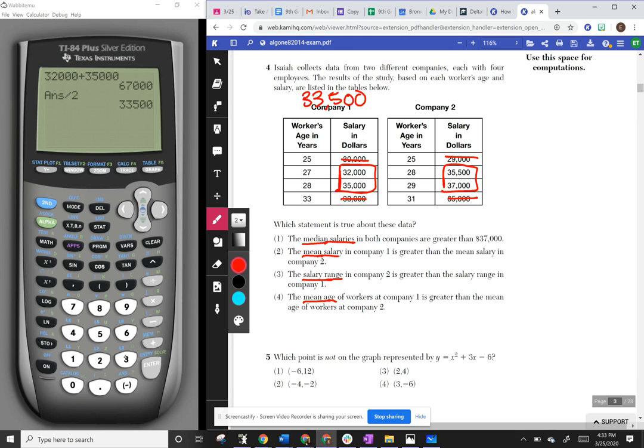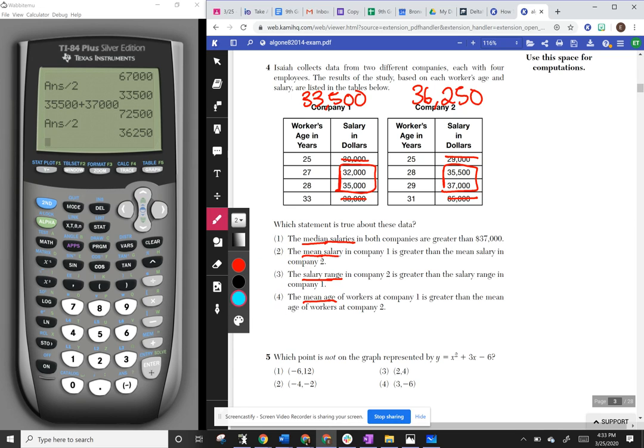We got 35,500 plus 37,000 divided by 2. So the median of company 2 is 36,250. Okay, so is the median salary in both companies greater than 37,000?